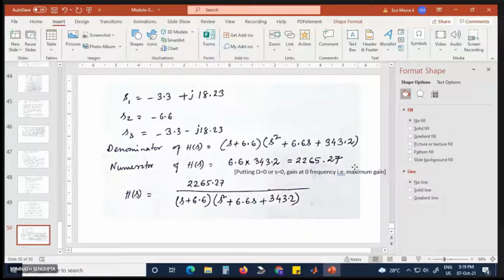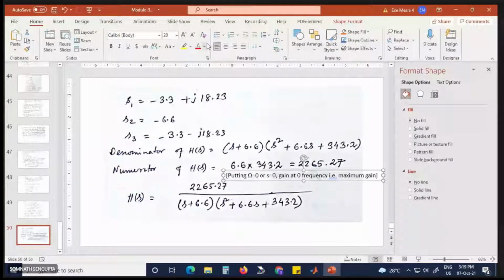So the maximum gain is calculated this way.